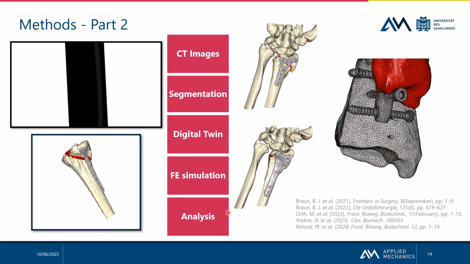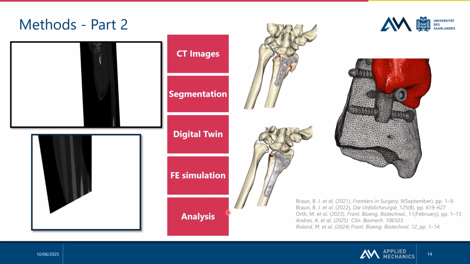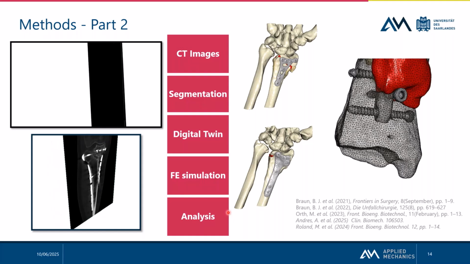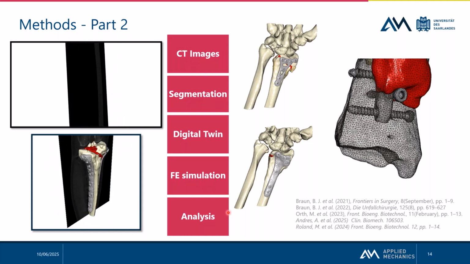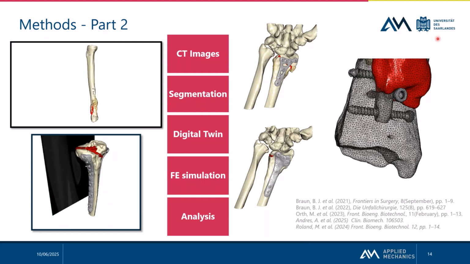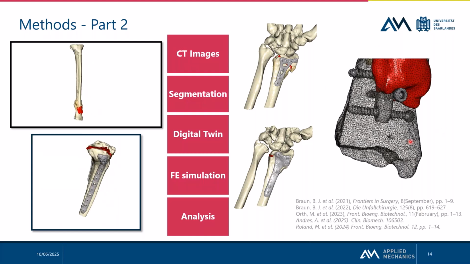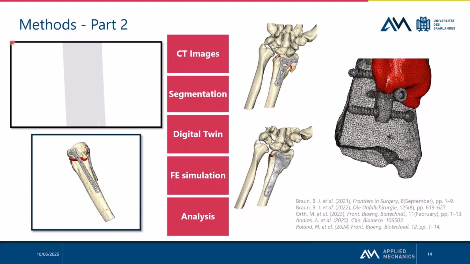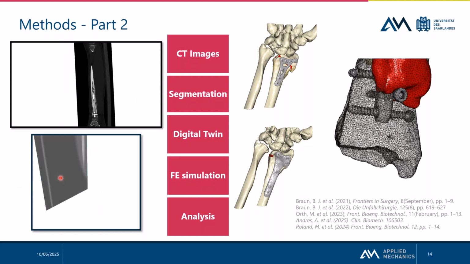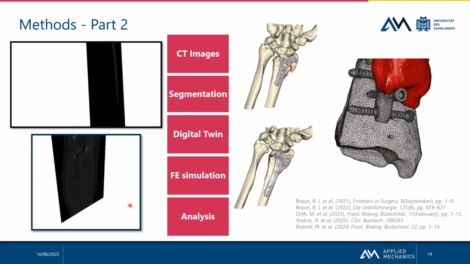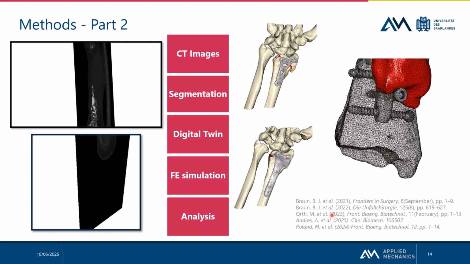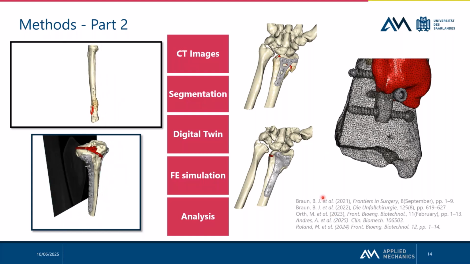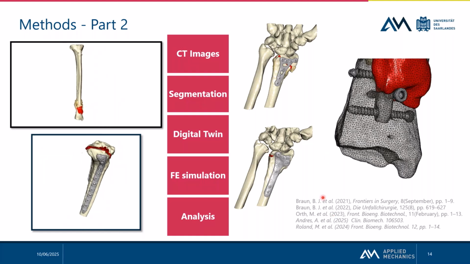We do it with the ScanIP tool, a segmentation software, and we also use ScanIP to create these meshes, these volume meshes. And you see it's always patient specific, from the kind of fracture fixation over the fracture and over the whole situation and position of the bones to each other.